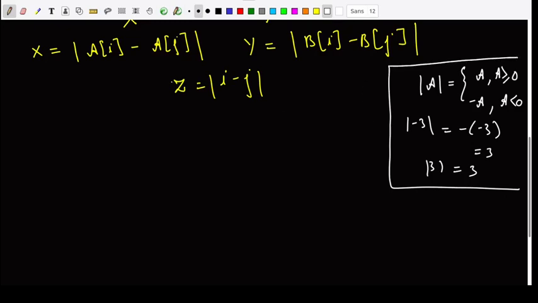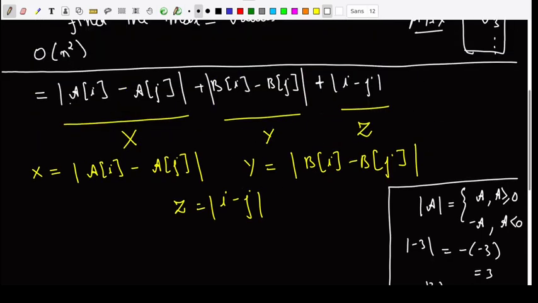Now let us plug in this definition and try to expand this particular expression. So when we try to expand this expression, X could be either greater than 0 or less than 0, right?